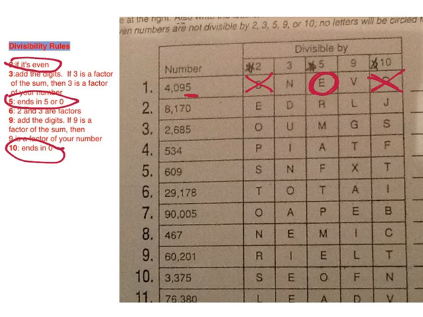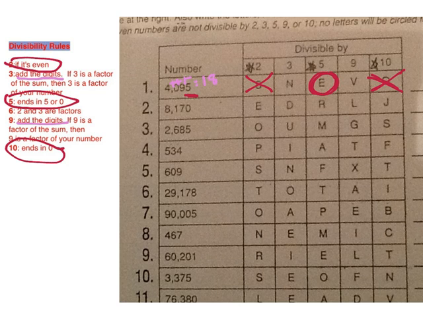Now we need to check for 3 and 9. To check for 3 and 9, you're going to have to add the digits. So we're going to add 4,095: 4 plus 0 is 4, and then 4 plus 9 is 13, and 13 plus 5 is 18.